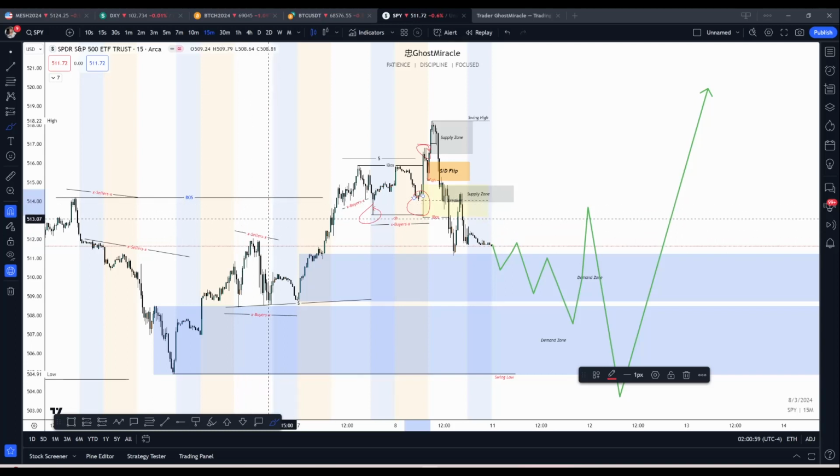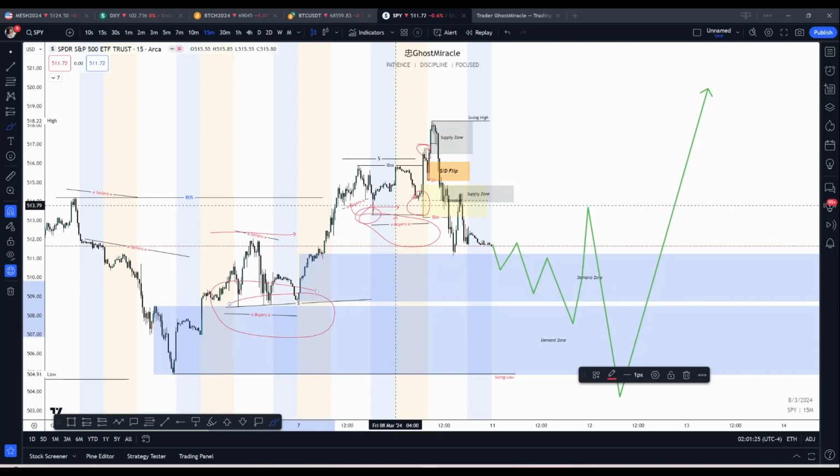So if it took out sellers and price is bearish, expect a flush after to the downside. So you want to be in at two different times. You either want to be in to target the sellers, or you want to be in on the buys, or you want to be in on the sells that are taking out the buyers overall.